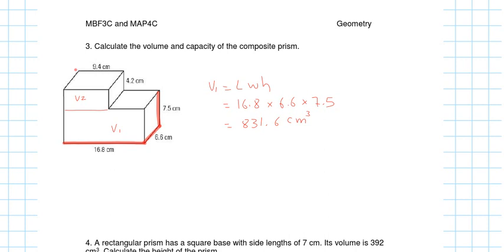My width is going to be the same thing as the 6.6, and the height is going to be 4.2. What do you get for that? 260.57.